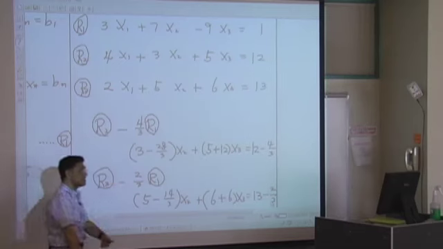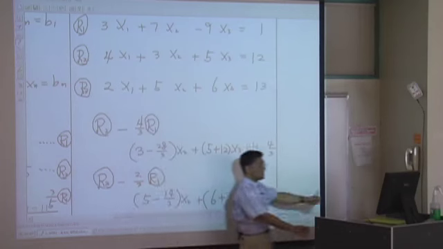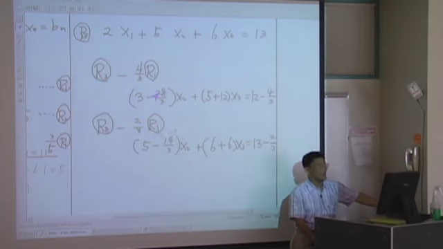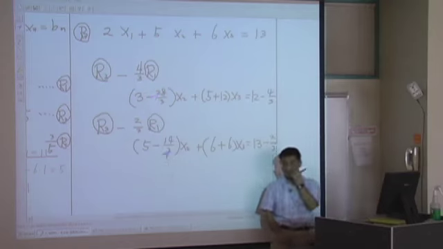Then the next thing is eliminating this column. So we use this as pivot and eliminate this one. So we calculate this value and calculate this value and then consider the ratio and then eliminate this value. That's the strategy.